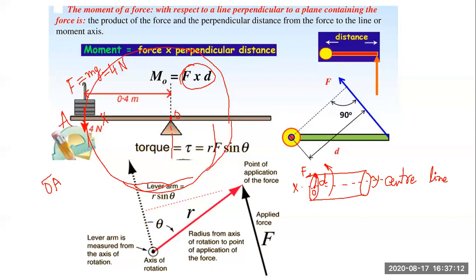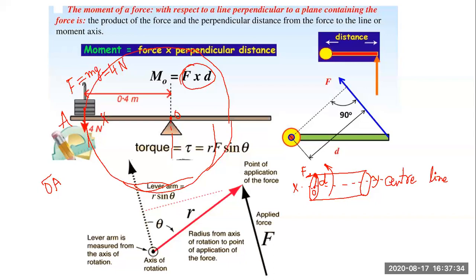So basically, torque and moment are the same, but the main difference is that torque is a specialized moment which causes an axial torque or axial moment, because the direction of the moment is anti-clockwise or clockwise depending on the rotation.